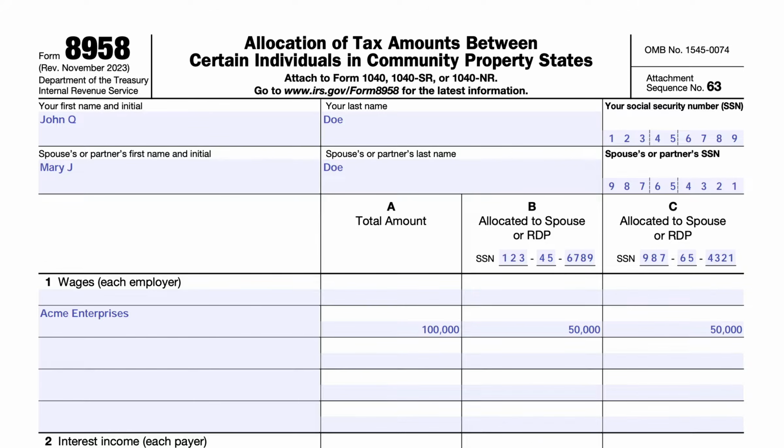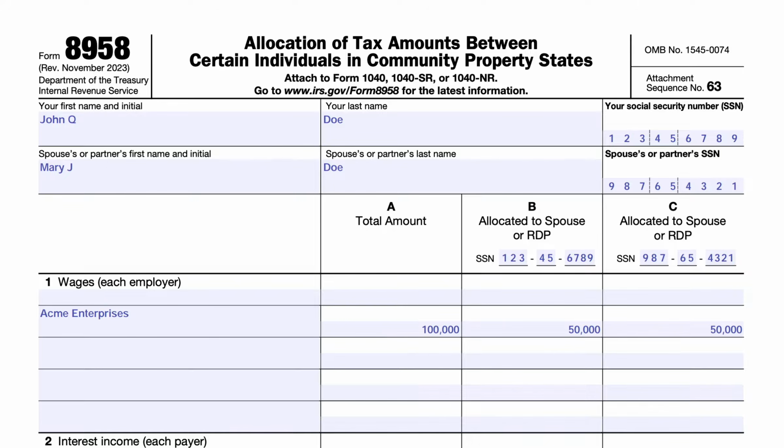And there are 3 states that recognize RDPs. I believe that would be California, Wisconsin, and Nevada, I believe. Don't hold me to that, but I believe that is the consensus for registered domestic partnerships.